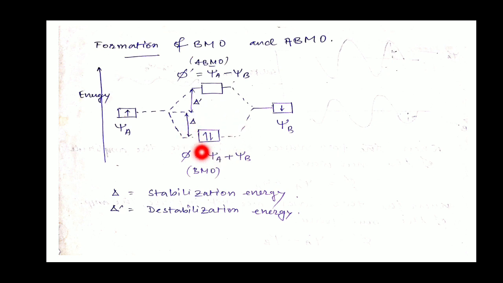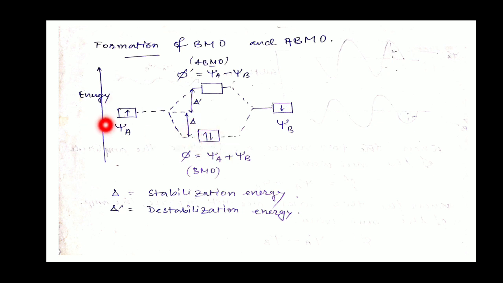So for BMO, you can write phi equal to psi A plus psi B, and when they undergo destructive interference, they will form psi dash, which is equal to psi A minus psi B, and they will ultimately form ABMO, meaning anti-bonding molecular orbital. Suppose psi A contains only one electron and psi B also contains one electron. After forming the molecular orbital, each atomic orbital gives one electron, and obviously this box will be filled.